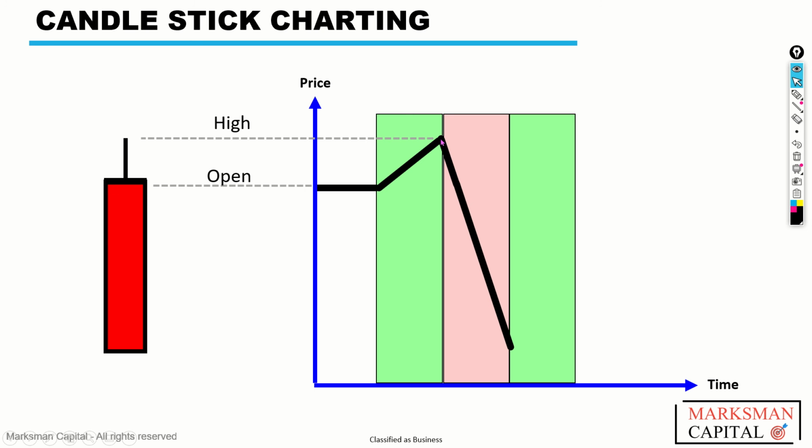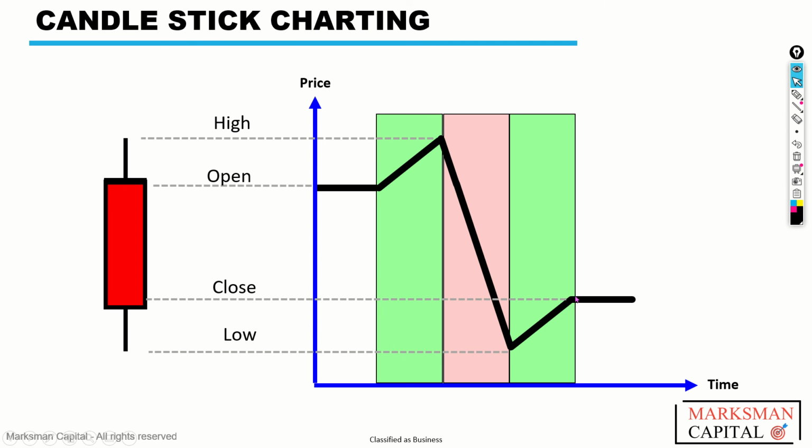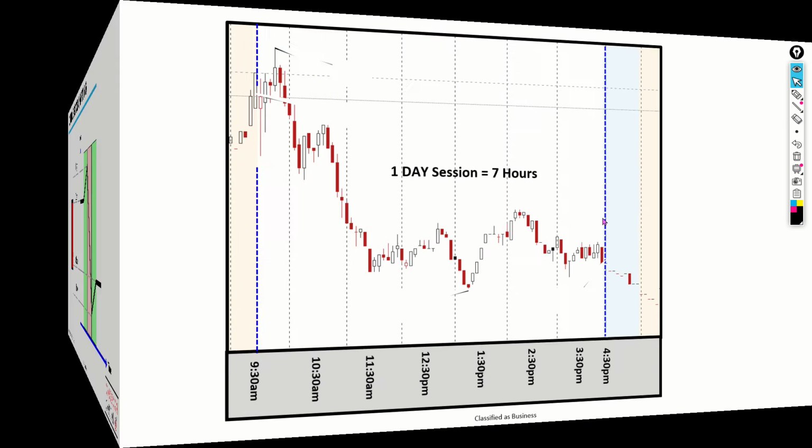It fails to make the price go upwards, then it goes down significantly, until it cannot make even lower lows. Then there is some rejection of the price, and as the day ends, it closes above the low but below the open.